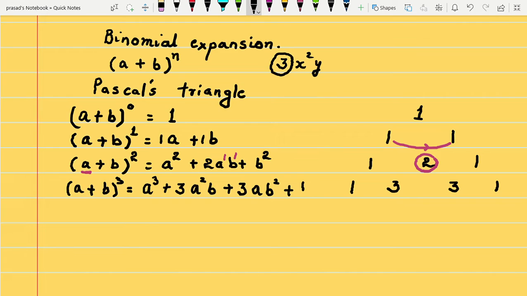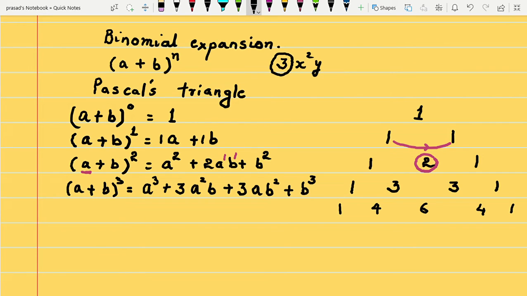So b will have the full power, b cube. So the expansion of a plus b the whole cube will be a cube plus 3a square b plus 3ab square plus b cube.